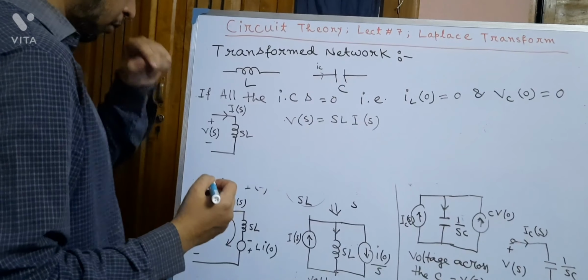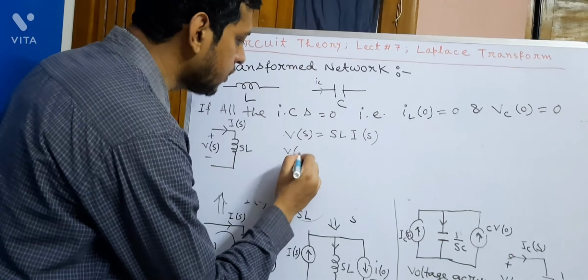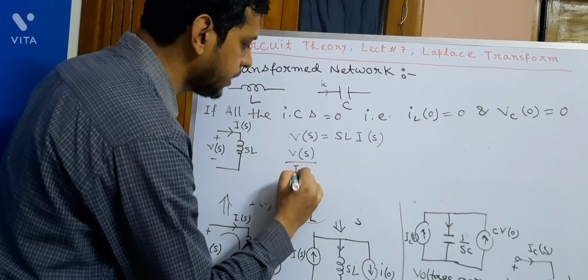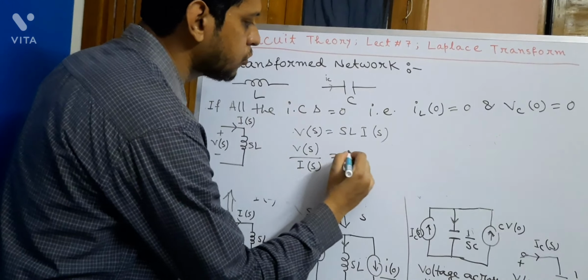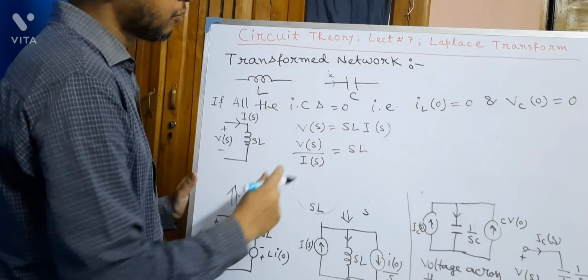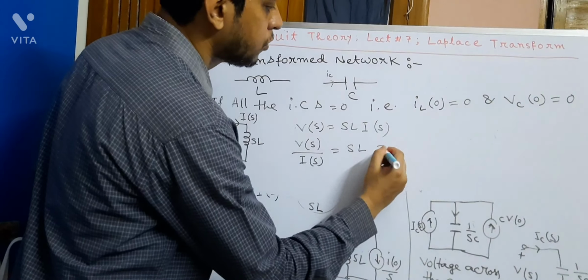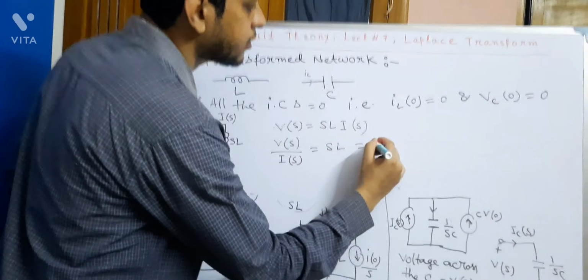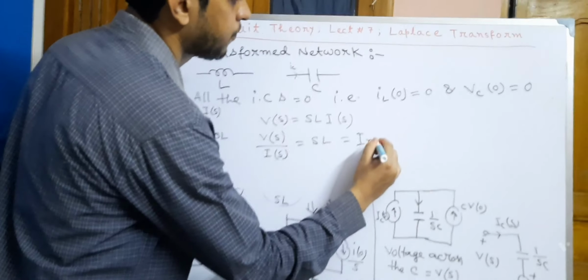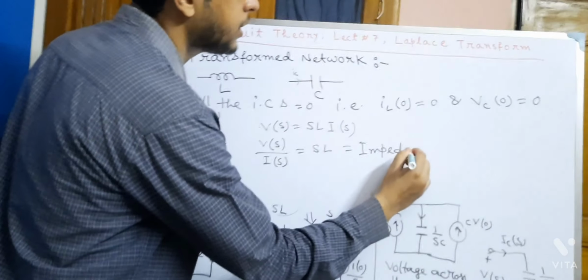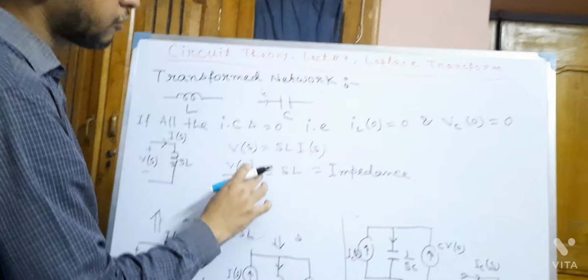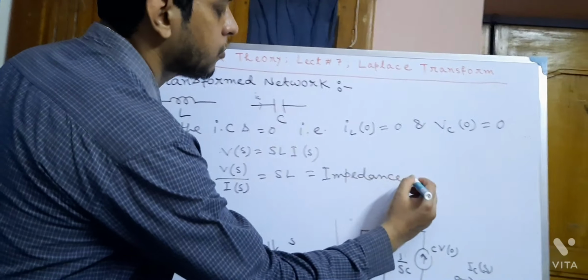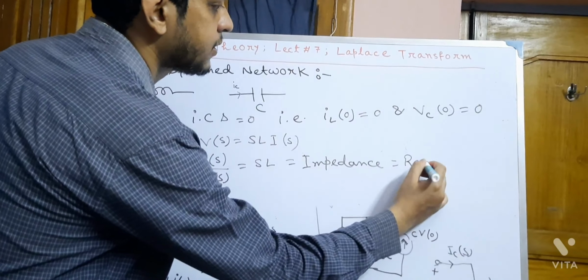So Vs by Is equals SL, the reactance or transformed impedance, as there is no resistance.